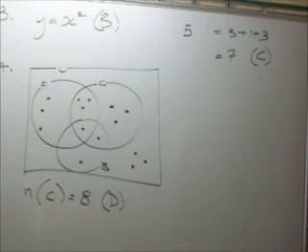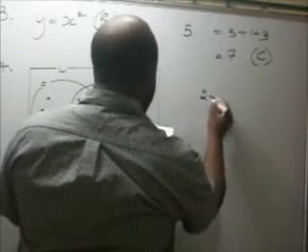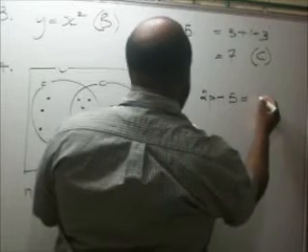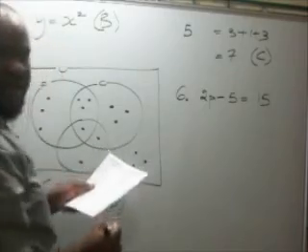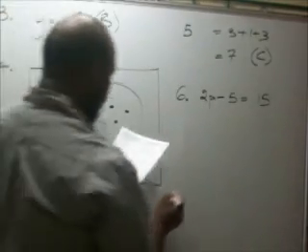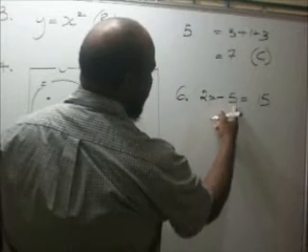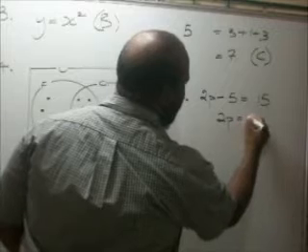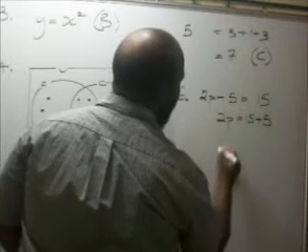Let's have a quick look at question number 6. Question number 6 says, if 2p minus 5 is equal to 15, then p is equal to, so it's a simple equation. This minus 5 is going to go over as positive 5. So we have 2p is equal to 15 plus 5.